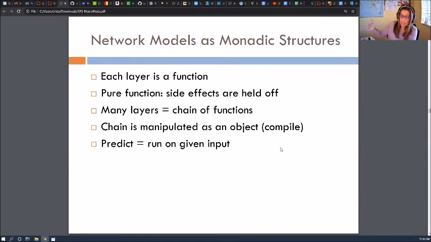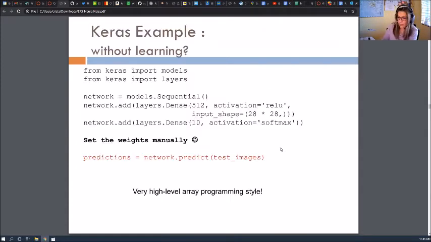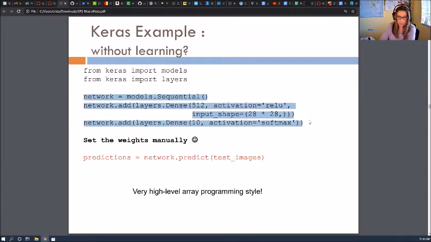Many layers are chains of functions, okay? And when we set the network, when we do something like this, this is equivalent to the monadic bind. We're building a chain of functions.